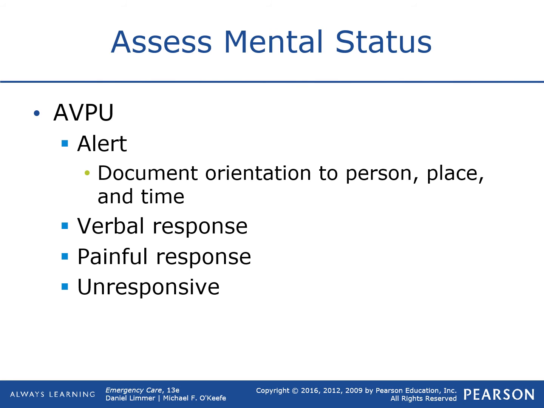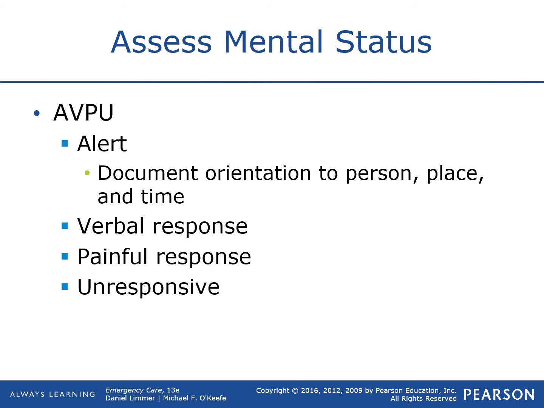This is different from someone who is just sleeping and you wake them up. If someone's sleeping and you wake them up, then they have a whole conversation with you and they're fine after that, that's different than this. This is someone who can't stay awake unless you are talking to them and they are actively talking back. Then they close their eyes again. So that is a verbal response.